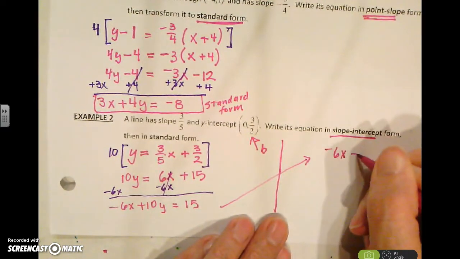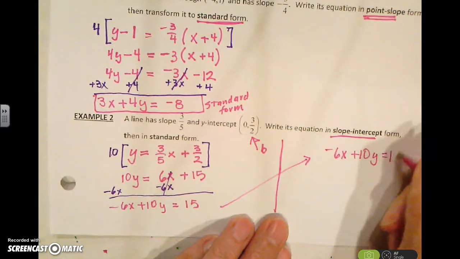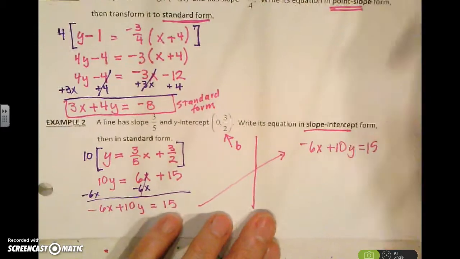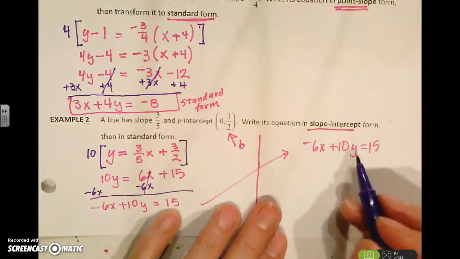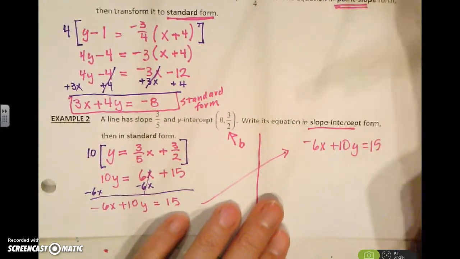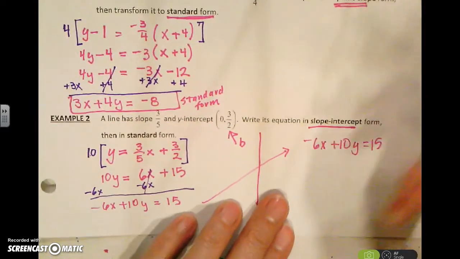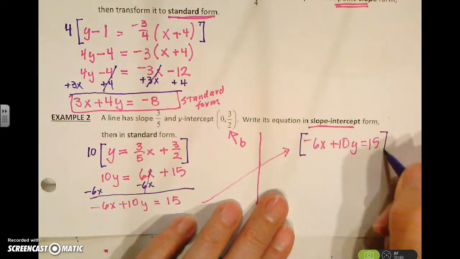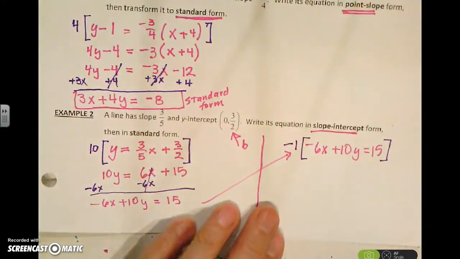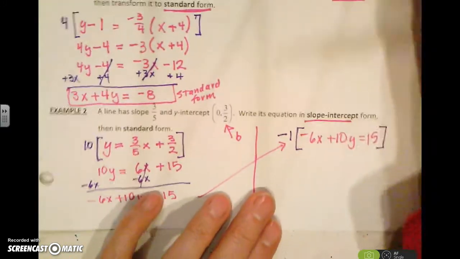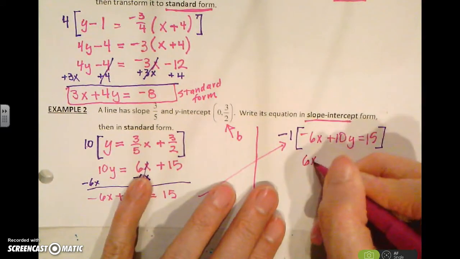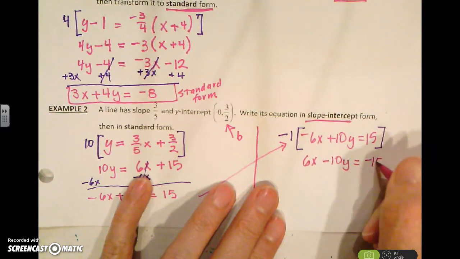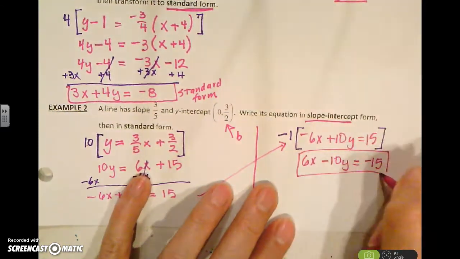Negative 6x plus 10y is 15. Now, there's one more thing that I've got to accomplish. No fractions, x and y on the same side, constant on the other. However, my x is negative. So I need to multiply through by negative 1, so that now I will have a positive 6x minus 10y is equal to negative 15.